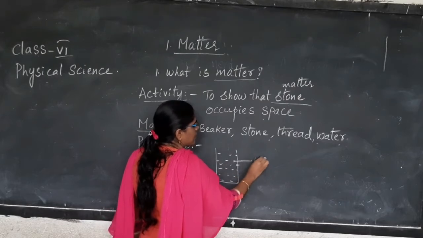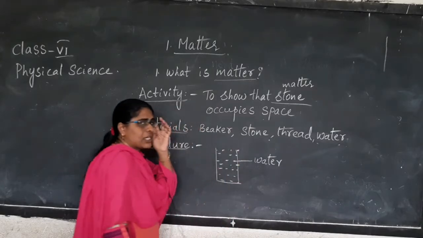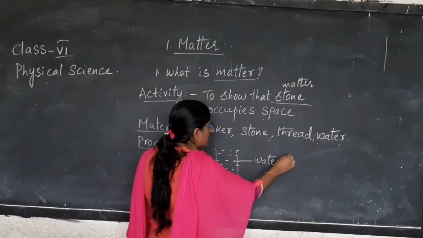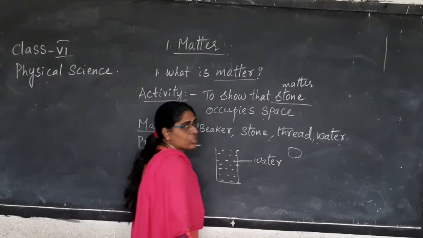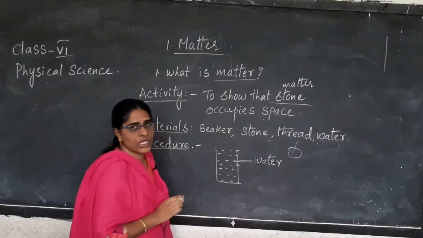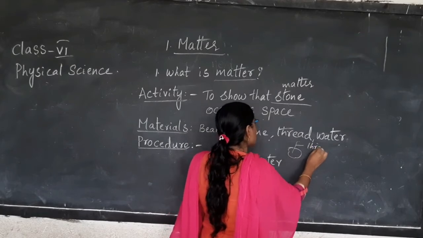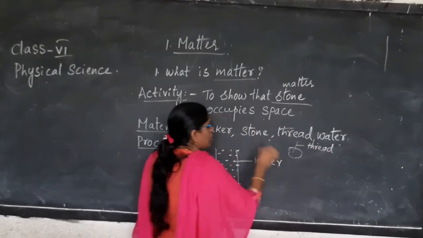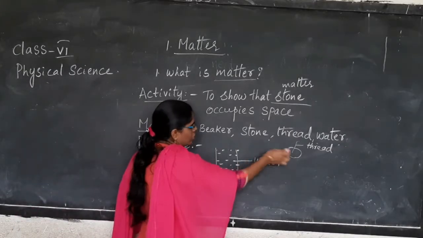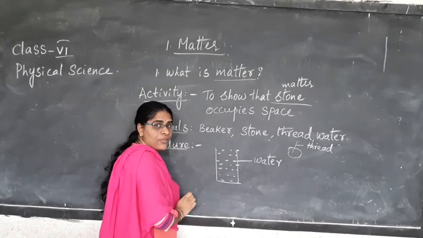What is there inside the beaker? There is water. Now take a stone and tie a thread to the stone. After filling the beaker completely with water, drop the stone. What is there inside the beaker? You have water.